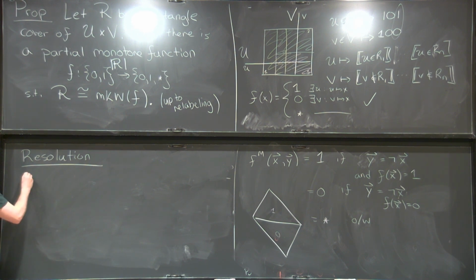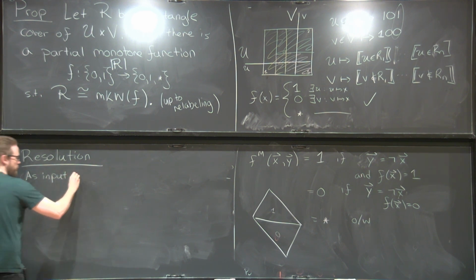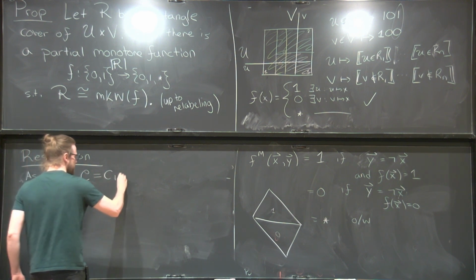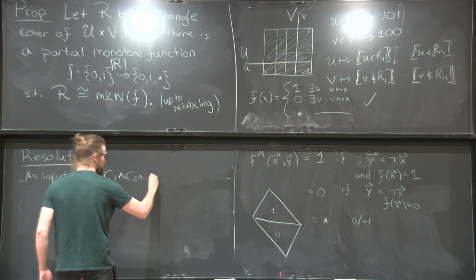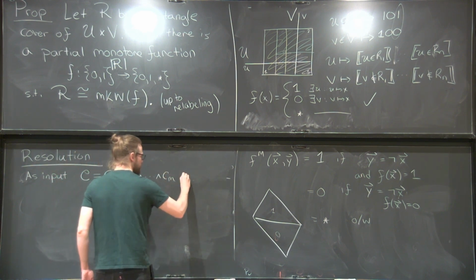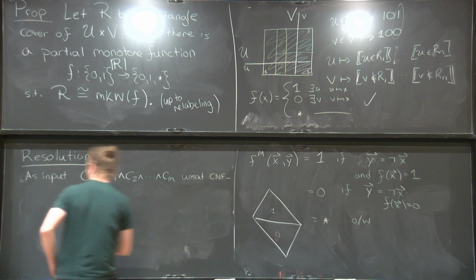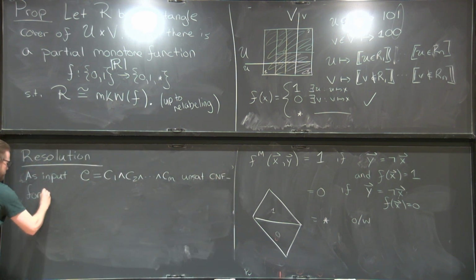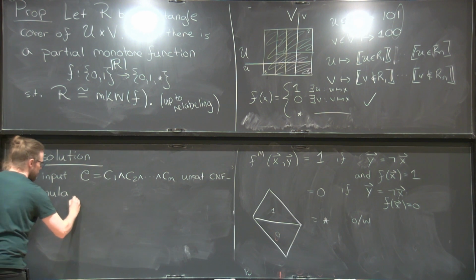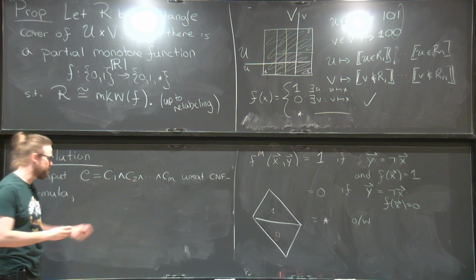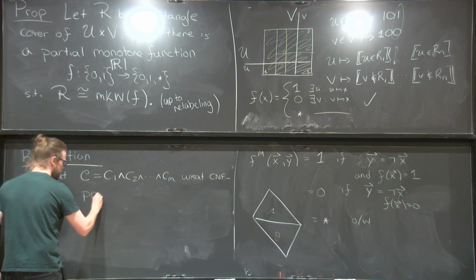As input, we're going to get an unsatisfiable CNF formula, and we want to actually prove that this formula is unsatisfiable.